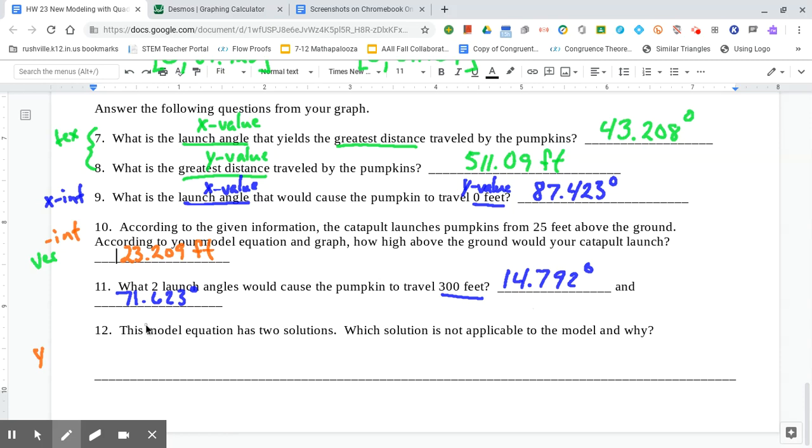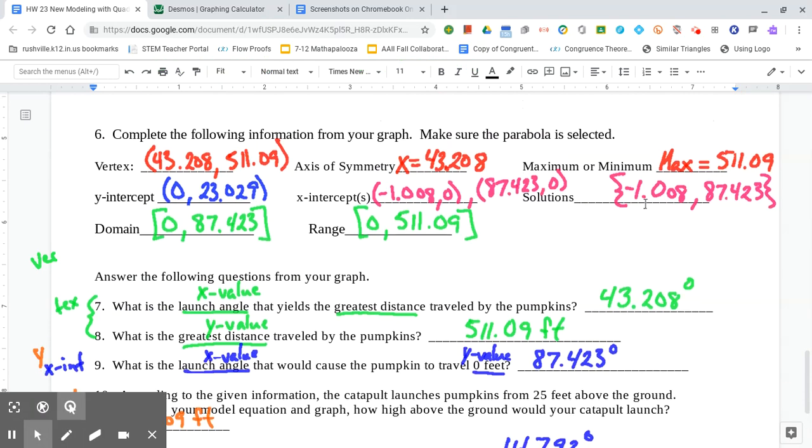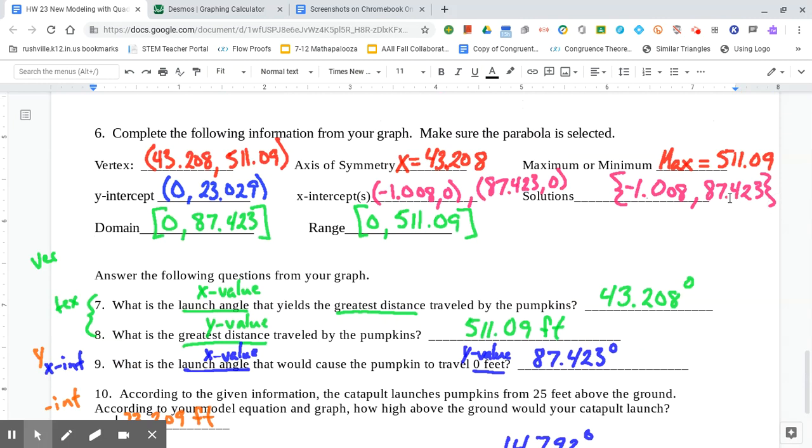Last question for us then is to just recap on something we've already discussed. It says you have an equation, but there are some limitations to it because we are looking at an actual scenario. And so what we're saying here is the model had two solutions, and we wrote those solutions down. They were negative 1.008 and 87.423.